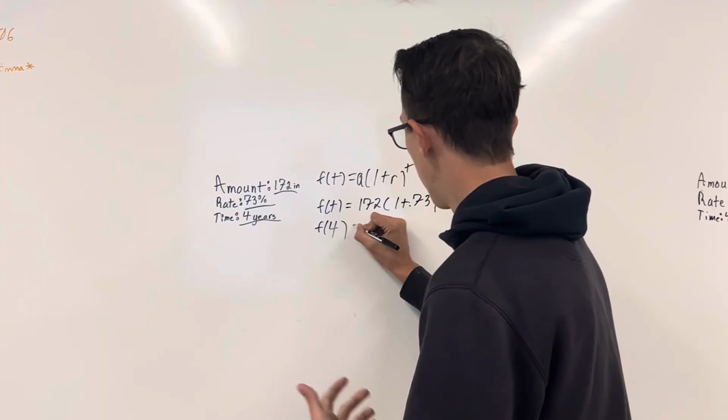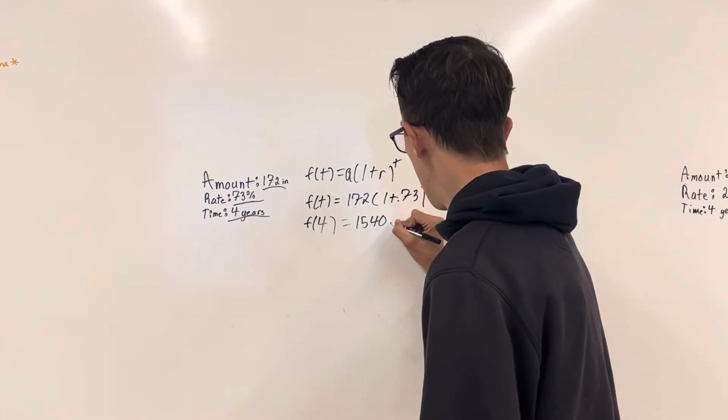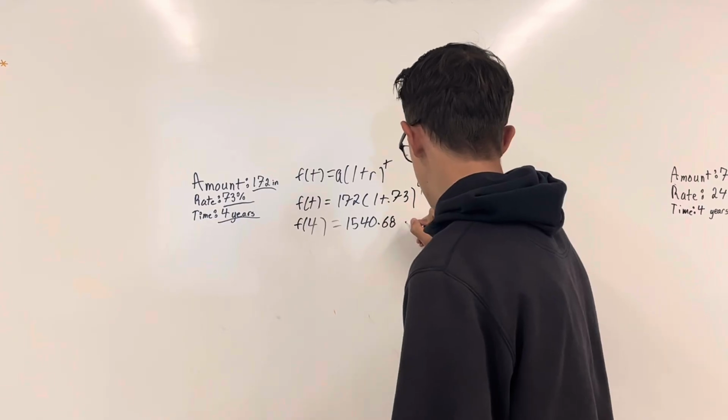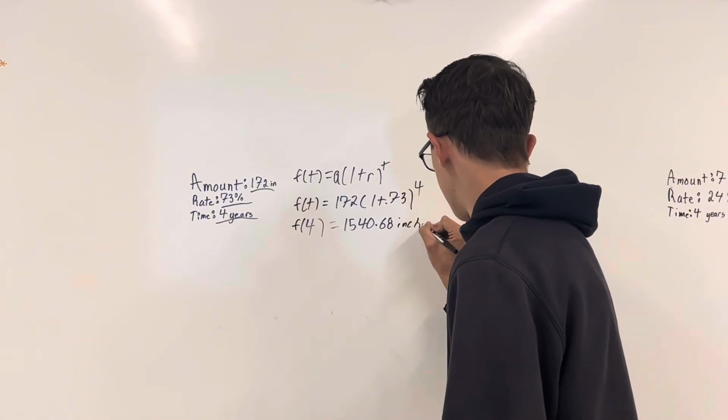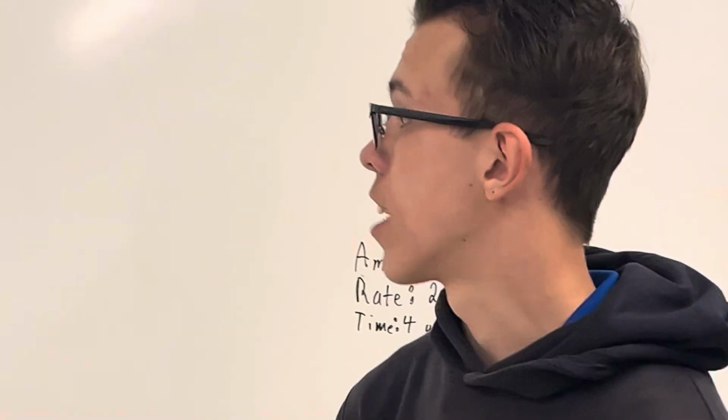It would be F of 4 equals 1,540.68 inches. And that's how you would do an exponential growth function. Okay, thank you, Jace. You're welcome, Jerry.